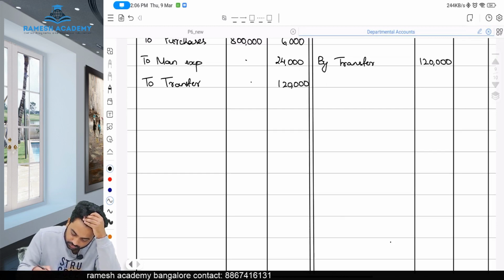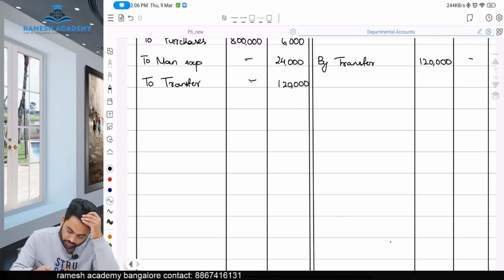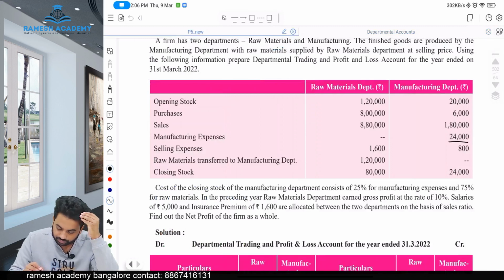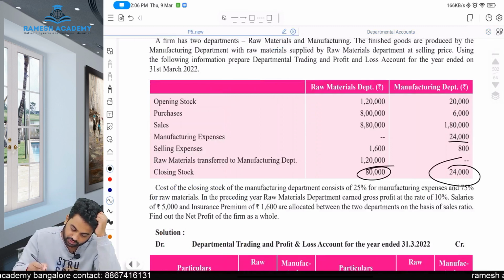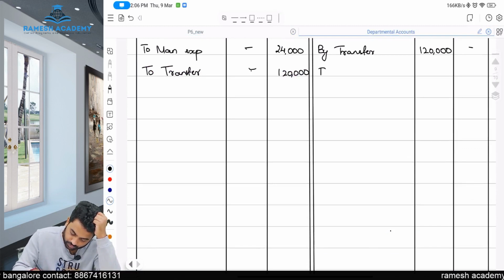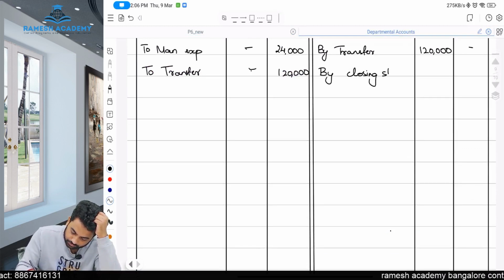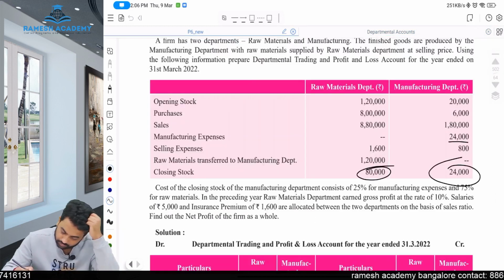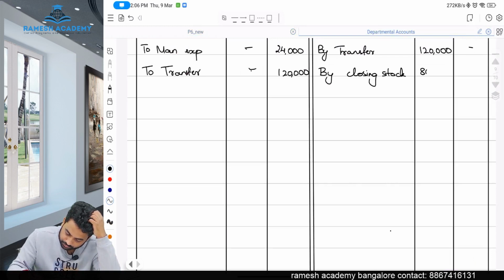Okay, sir, done. Next, there is a closing stock of 80,000 and 24,000. By closing stock 80,000 and 24,000.